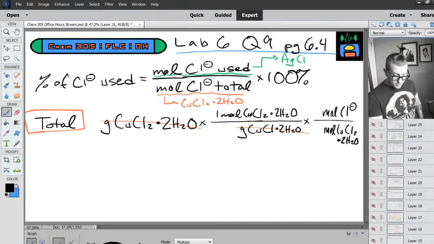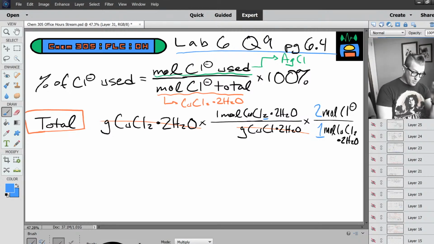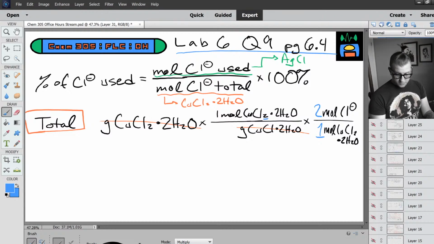And this ratio you get from the equation. In 1 molecule of copper 2 chloride dihydrate, there are 2 chloride ions. So that ratio there is 1 to 2. Now these two cancel. That's how you get your total.